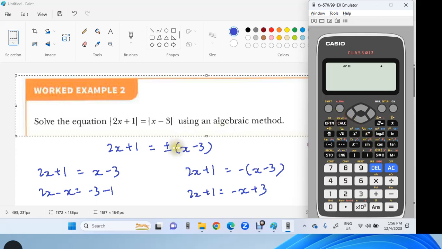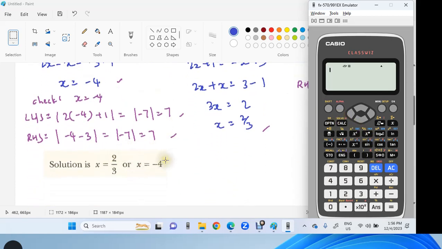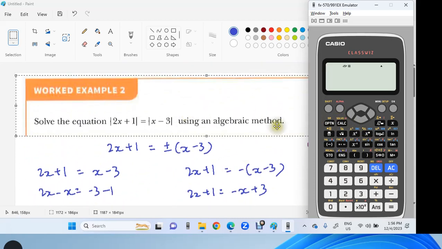For this question, we know that we have two solutions, but the calculator will return you one nearest to the guess value, the starting value. So I have absolute value 2x plus 1 alpha equal absolute value x minus 3.